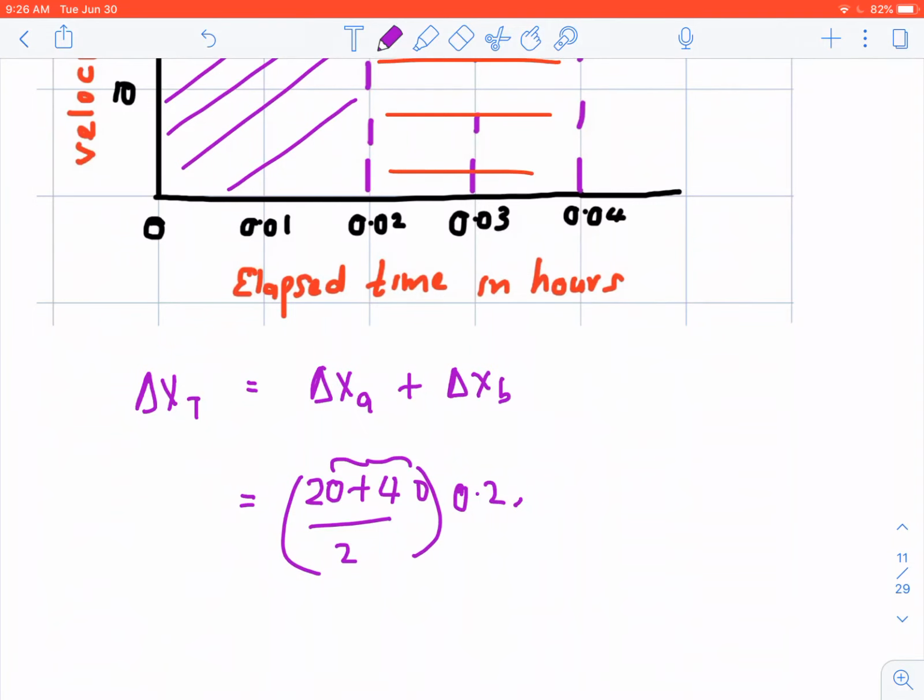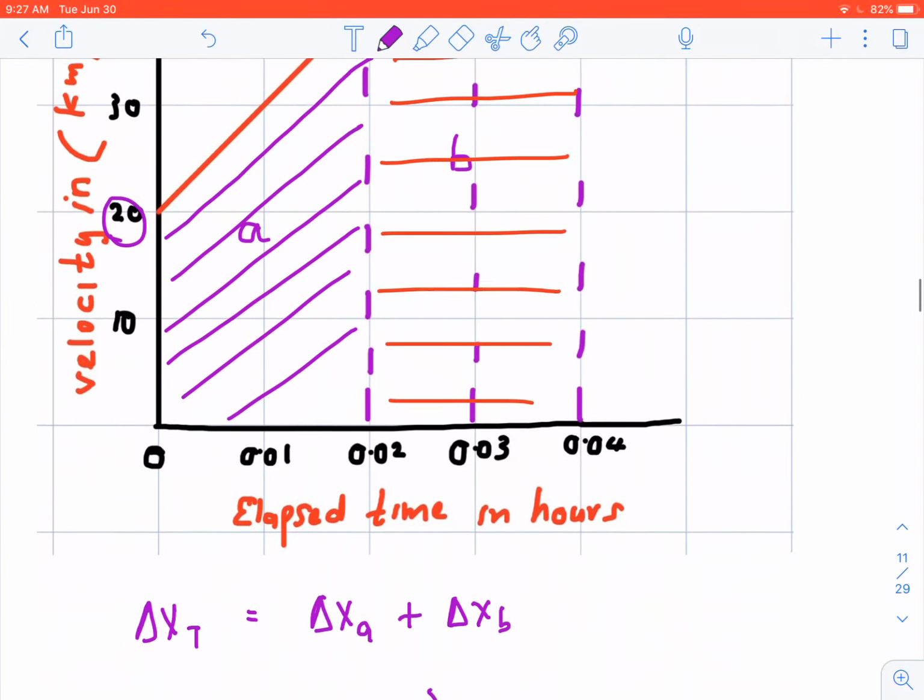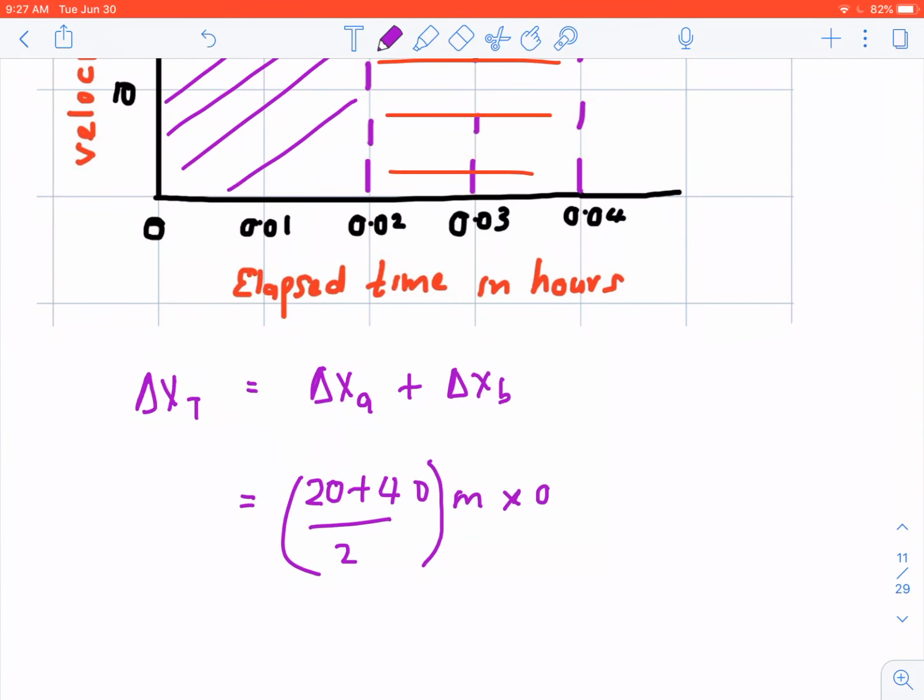So maybe let's just write it properly. Let's do that and say that gives us meters times we have 0. Okay, 0.